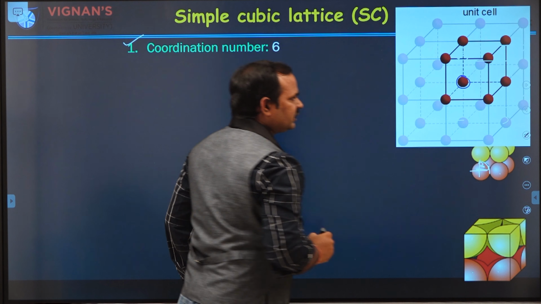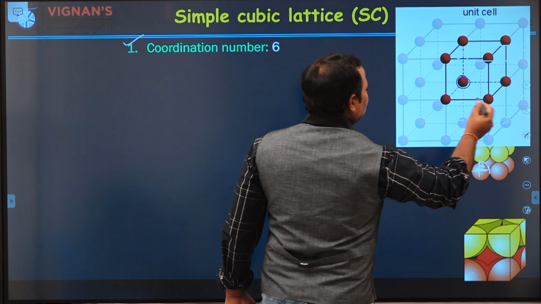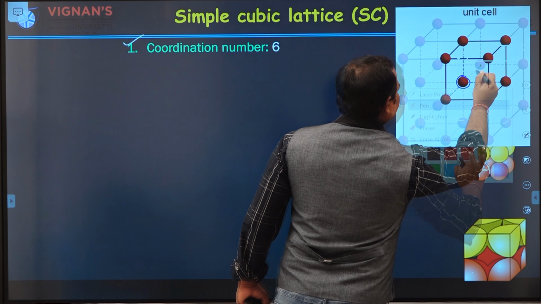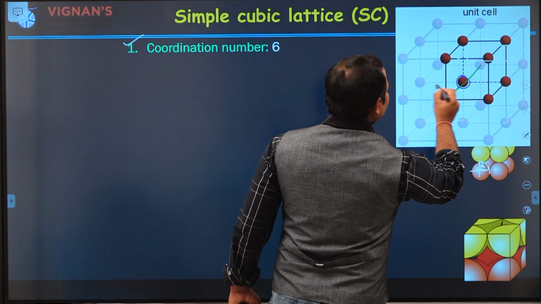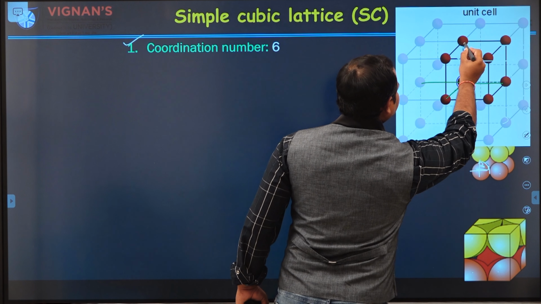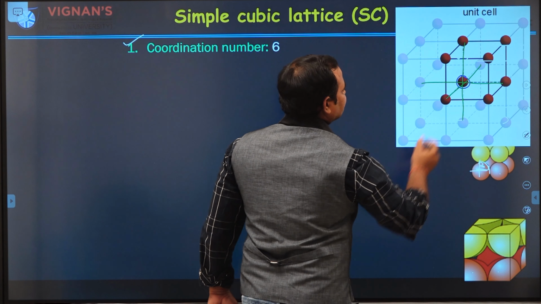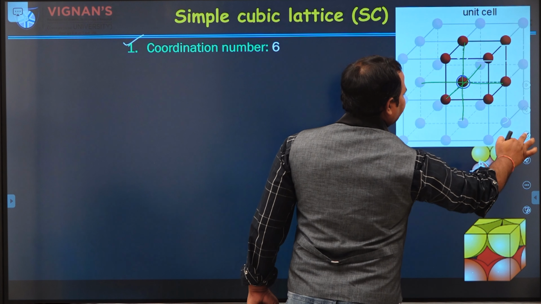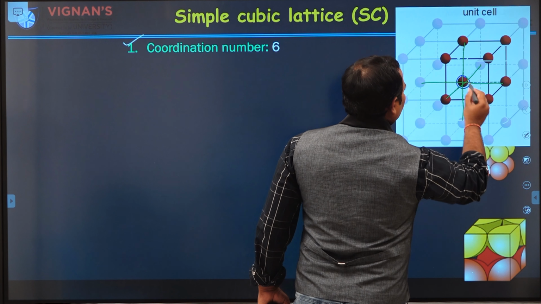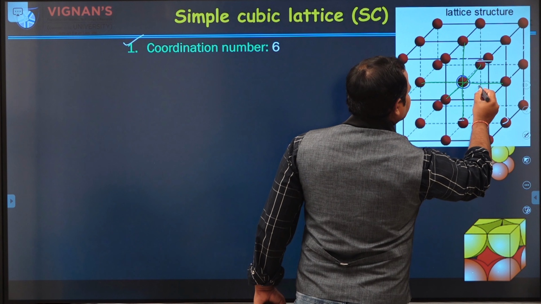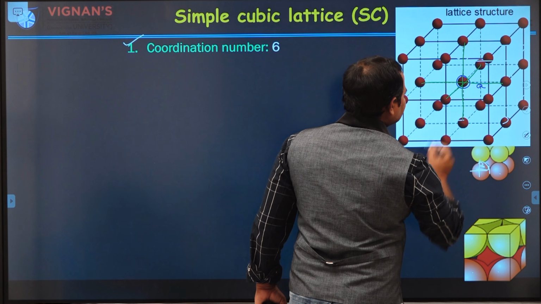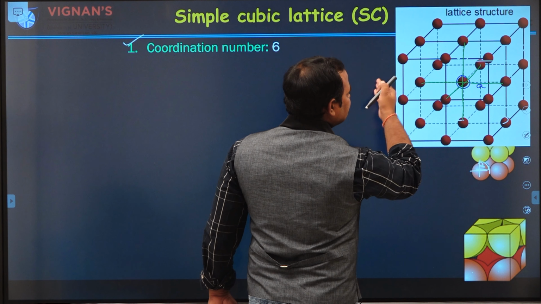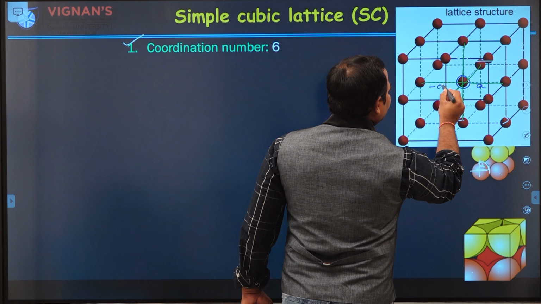So here is the atom that I am considering for the reference. Now if you see, this is one line, this is another line, this is another line. This is one atom I am considering. Now, at equal distance, this is one atom at a distance a, and behind this side at minus a there will be another atom.